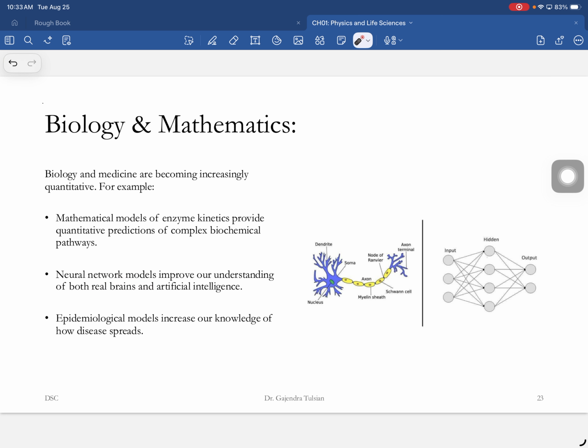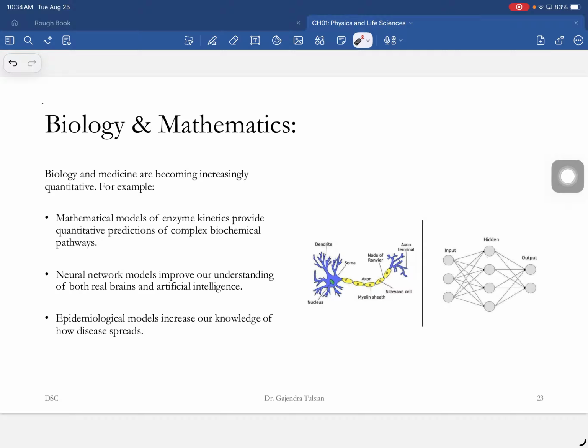So in science, have you heard what the final frontier in science is? What is the final frontier in science? Understanding your brain. Like I said, this is the most complex computer in the world.